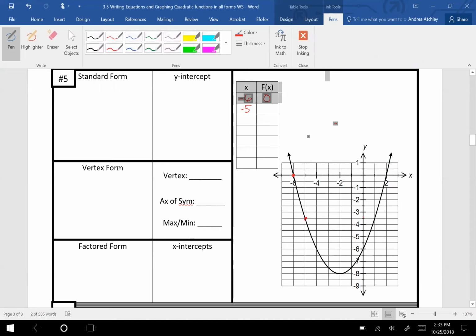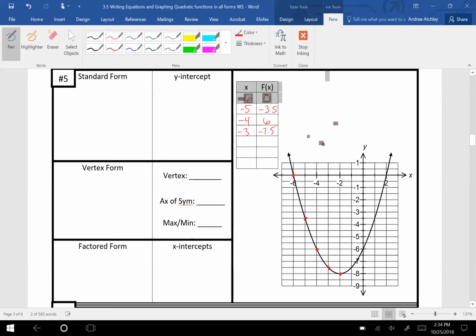So this is -3, -3.5. Then at -4, we're right here, and that's at -6. At -3, we are right here at -7.5.